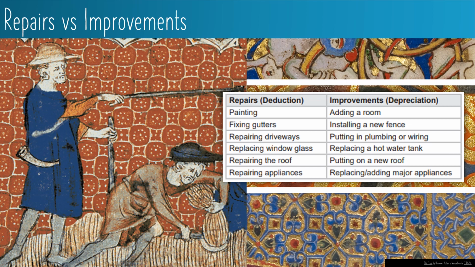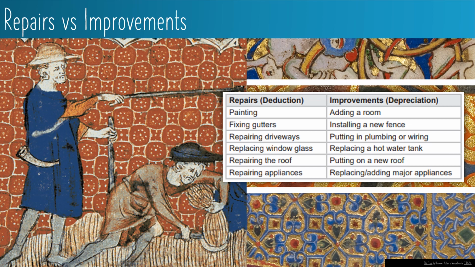Those are all considered expenses. You would expect these things to ordinarily wear down and need regular upkeep, or they affect a small portion of the overall asset. For instance, window glass is a small portion of the overall house.